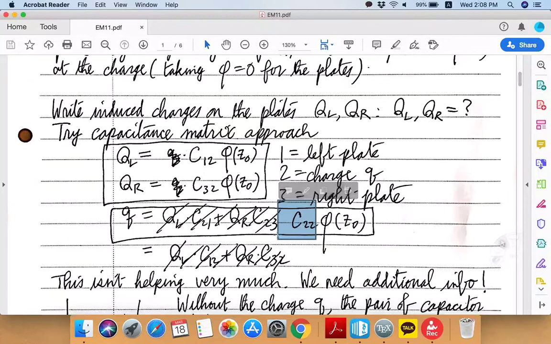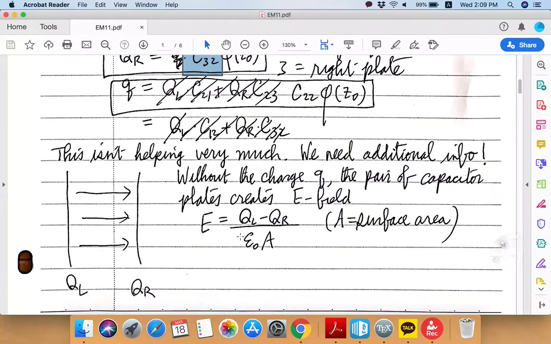But we managed to set up these equations in a rather short amount of time, and it's not really helping very much toward the solution because we don't really know what all these capacitances, C22, C32, C12, are. We don't really have any idea what exactly these values are.